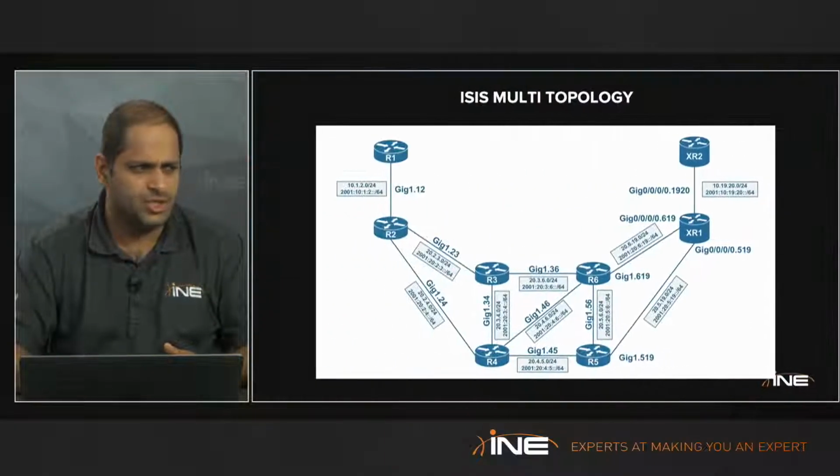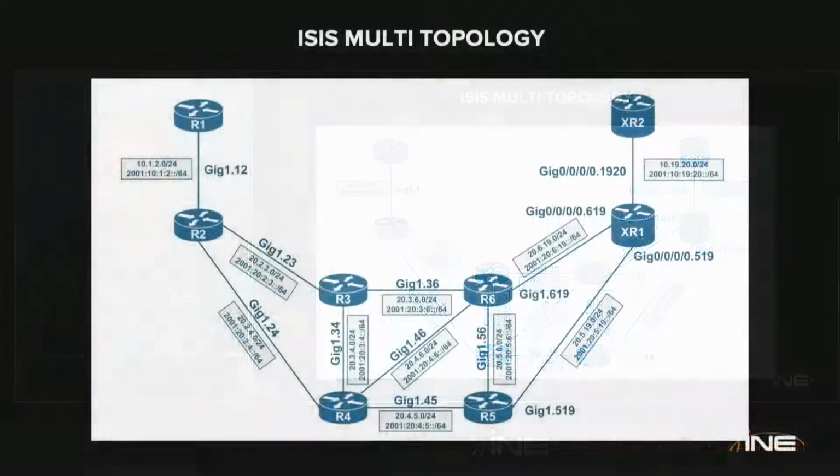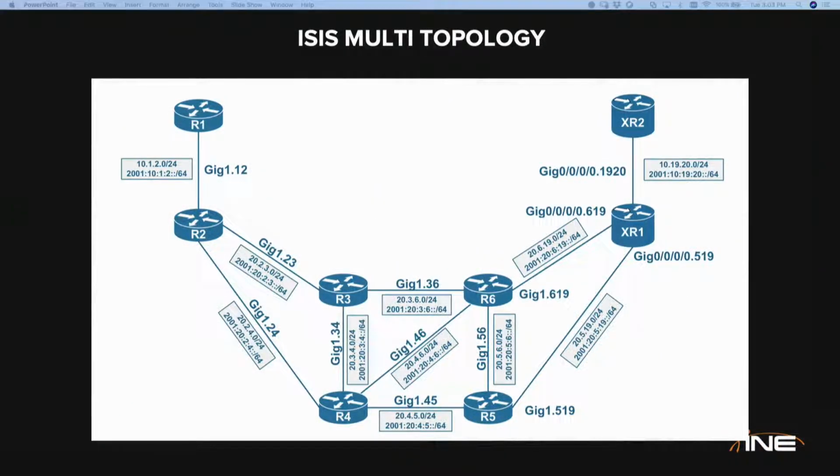So to basically achieve something like this, what we did was we configured metrics on the interfaces. Because we wanted the IPv4 path to be from the top, for IPv4 I changed the metric. So IPv4 metric was changed here to 30. I changed the IPv4 metric here to 30. And I changed the metric here, IPv4 to 30.